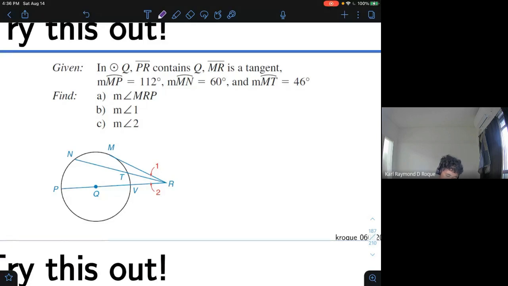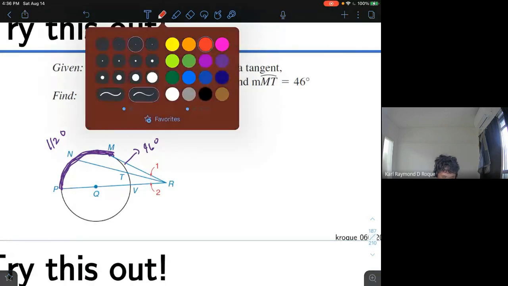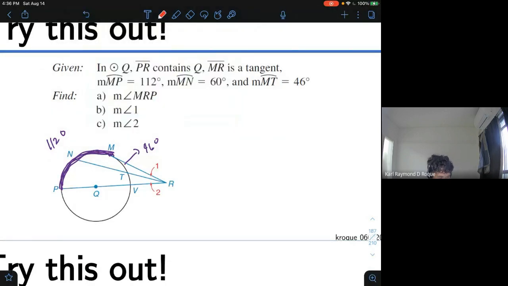MN 60, MT 46. 112 degrees, so 52 degrees to.